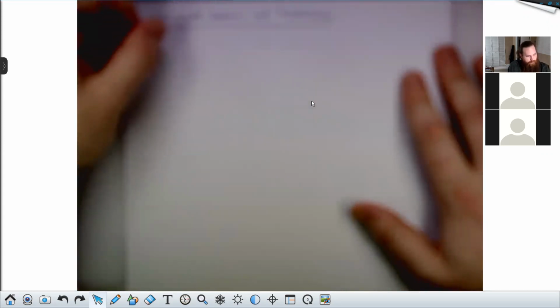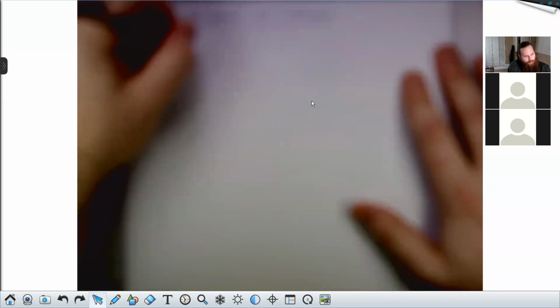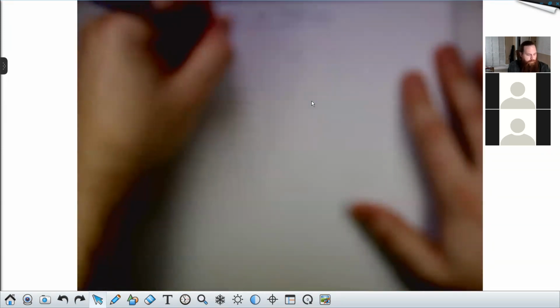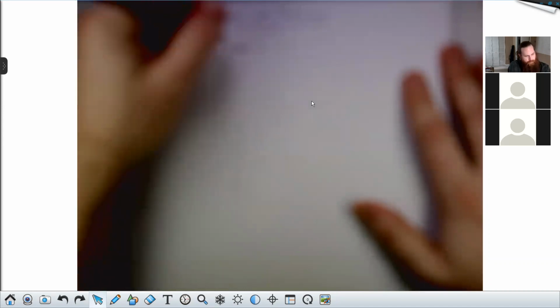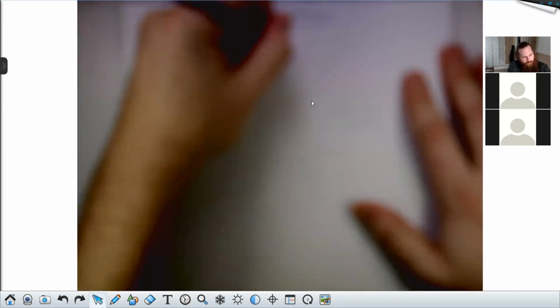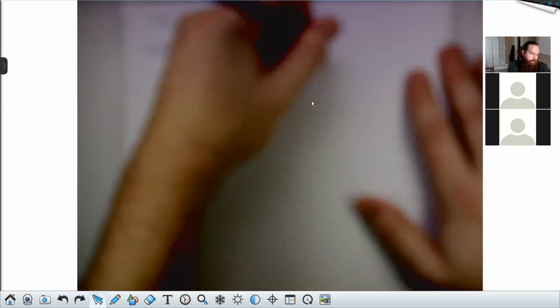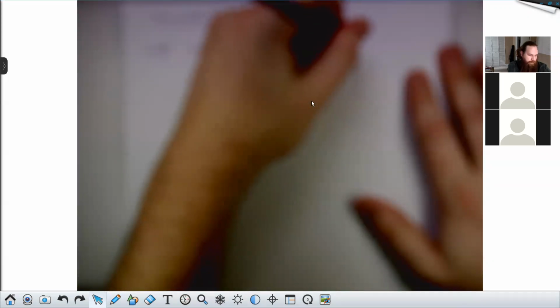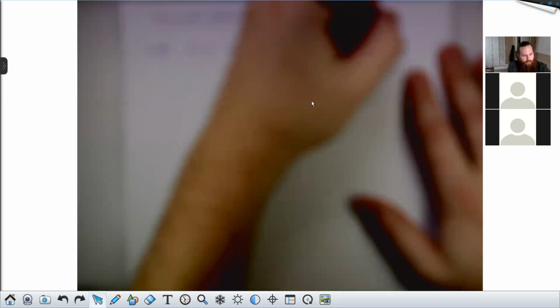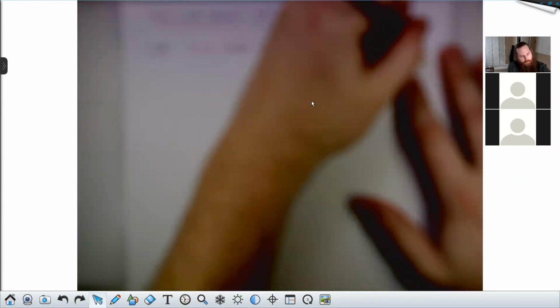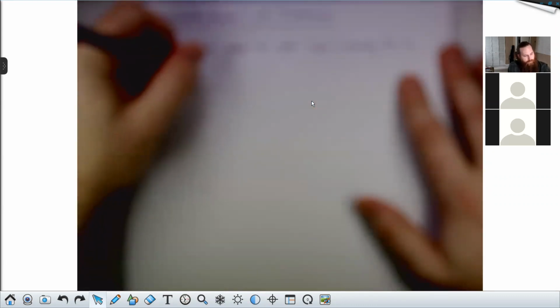Recall, f of -x has graph flipped horizontally from the graph of f of x, right?